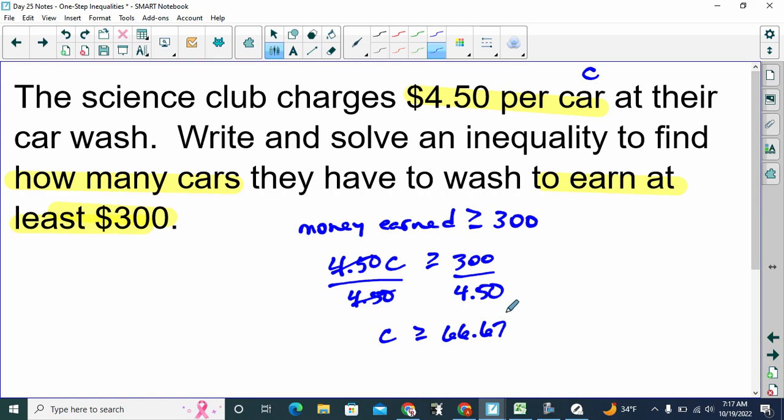They can wash one car or two or three or 66 or 67. So maybe a better question here in the problem would say, what is the minimum number of cars that they need to wash? What is the minimum number of cars to be washed?